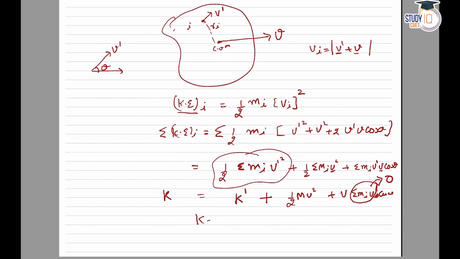So the kinetic energy can be written as the kinetic energy of all the particles with respect to center of mass plus half M into v square.